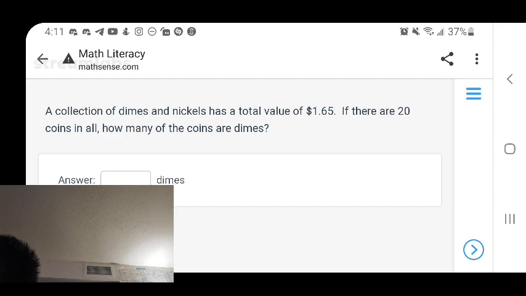Times 20 minus n plus n, 0.33. 40 minus 2n plus n is minus n. N is 7. Which is right.